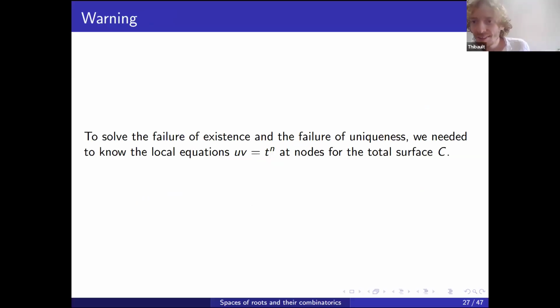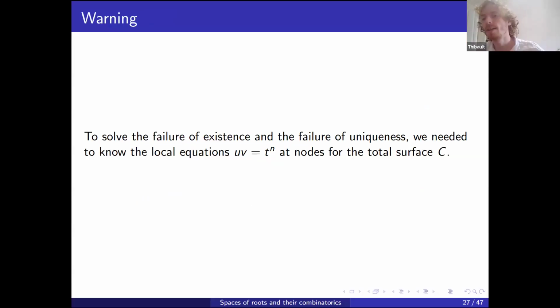Now, a little technical point. If I want to tell you how much to blow up, and what this kernel we have to mod out is, it was very important in the previous example that I had access to the smooth generic fiber C eta, right?